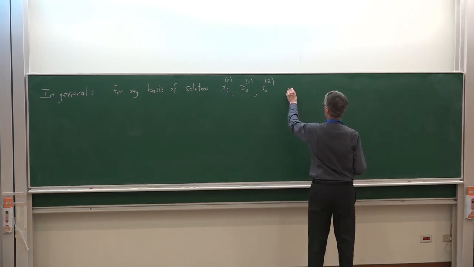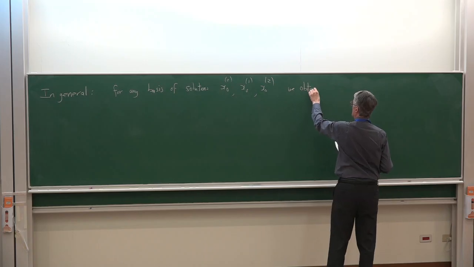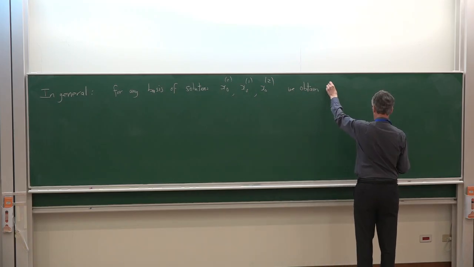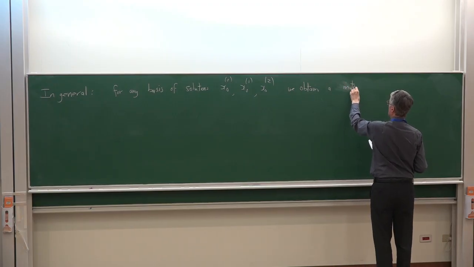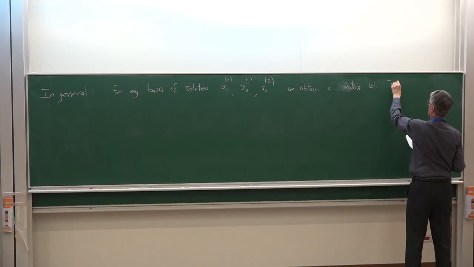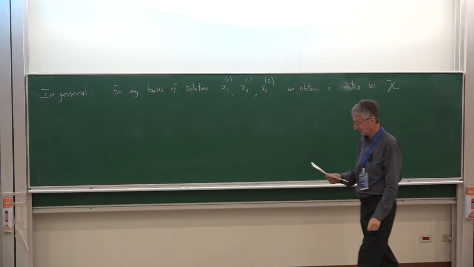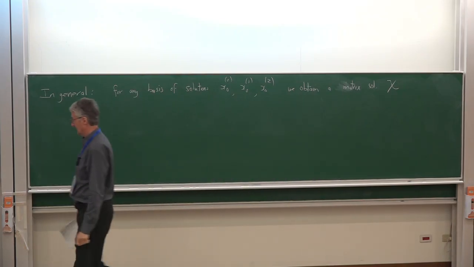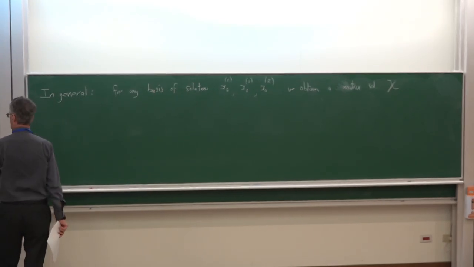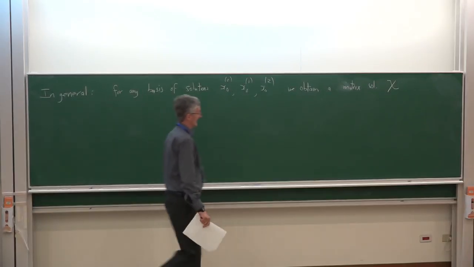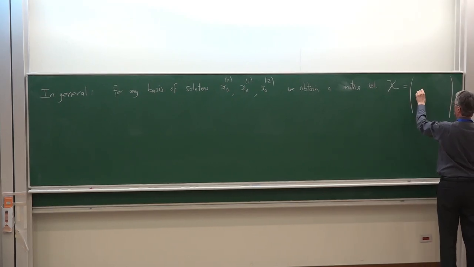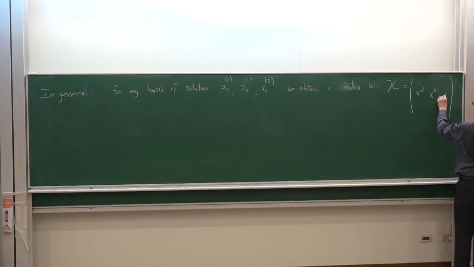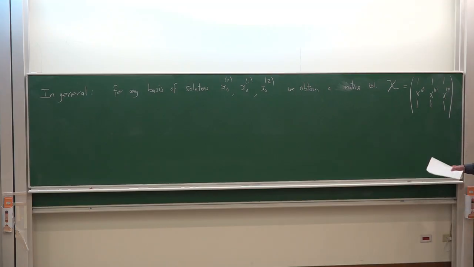So we obtain, of course, capital X, and then we obtain a chi, a matrix solution chi of the first equation. Then, logically, I extend my notation by saying this is x0, x1, x2. So this is a column vector. I can do that.